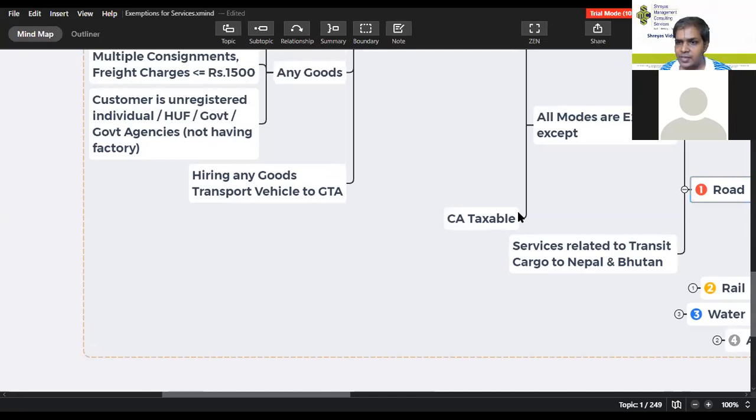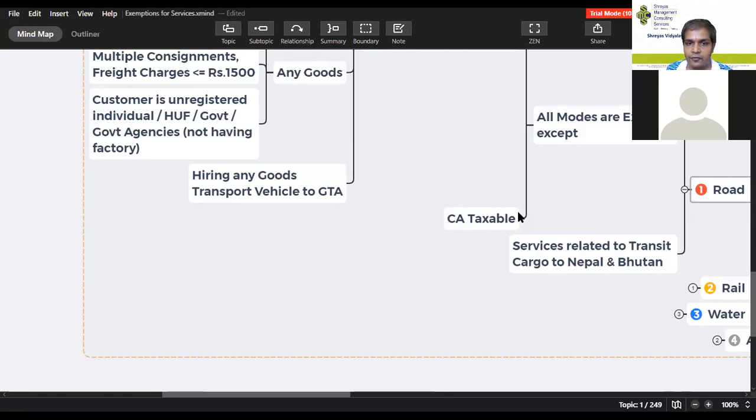There's no specific exemption we discussed in this context, so that would be taxable. 78% have got it right. And then transportation of books on a consignment transported in single goods carriage billed for an amount of rupees 3,000 is taxable. There's no exemption for books. I have not mentioned it in the damn list, and the charges are more than 750 and even 1,500 rupees. So that would be taxable.